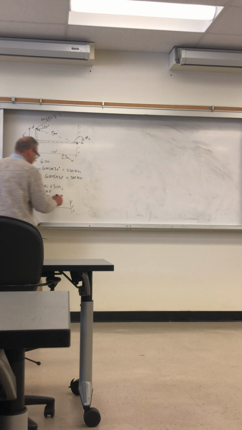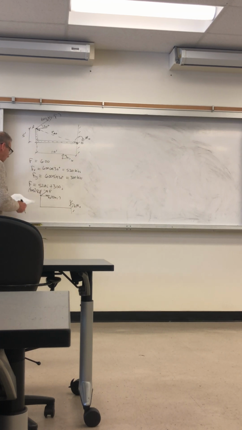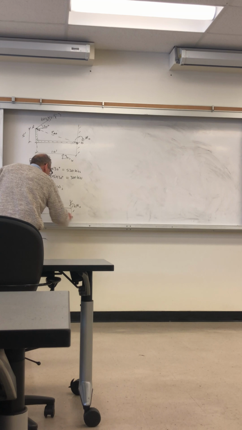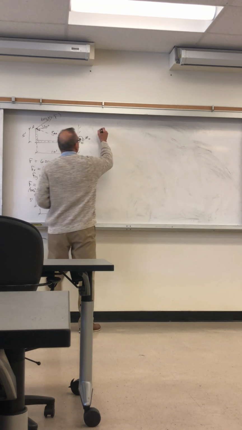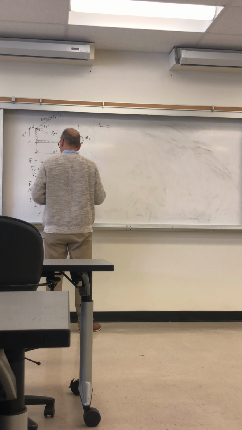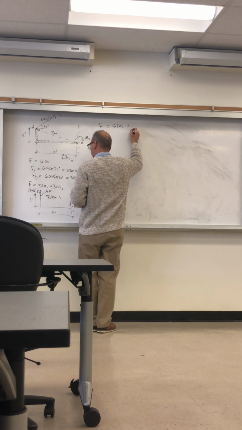And then this is M sub O. 5 feet and 10. So we have F is 520I plus 300J.